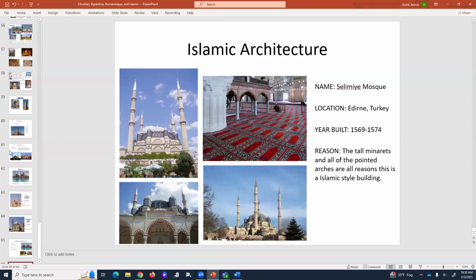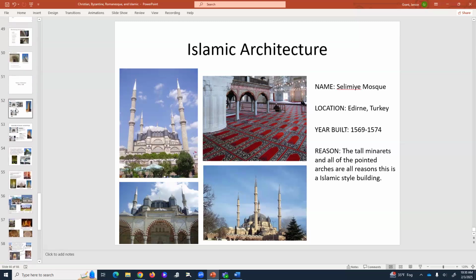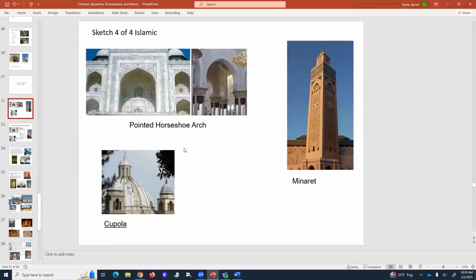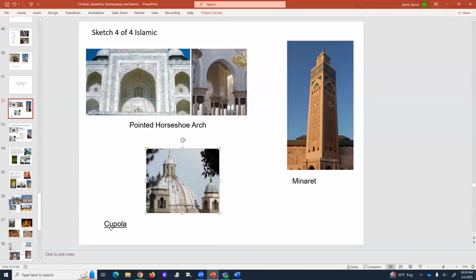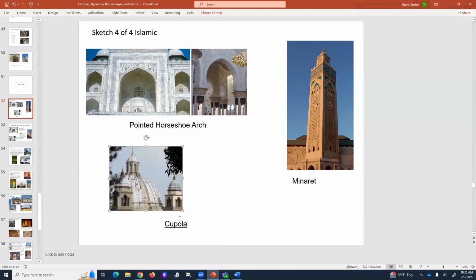So let's go back to that sketch, because these are really the three things that came from Islamic architecture, an important part of Islamic architecture. But let's add a note though.